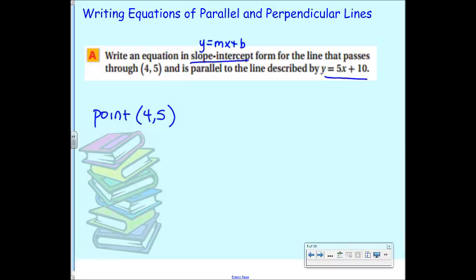If the slope of this one is 5, then the slope of this one is 5. So how do I put that into an equation now? I can't put it into y equals mx plus b yet because I don't have the y-intercept. What do I have? Point slope. So what's the point slope formula?